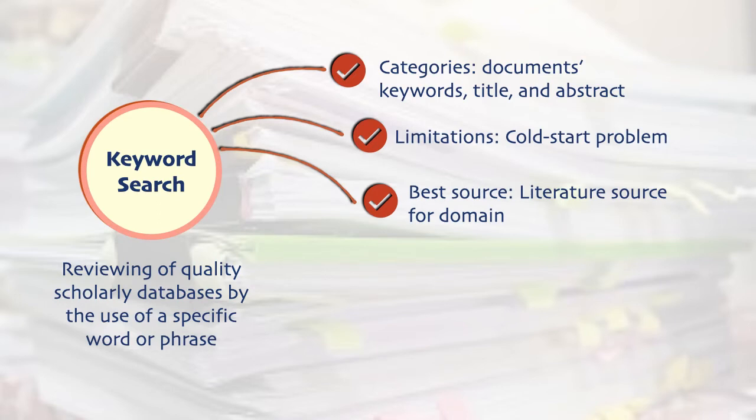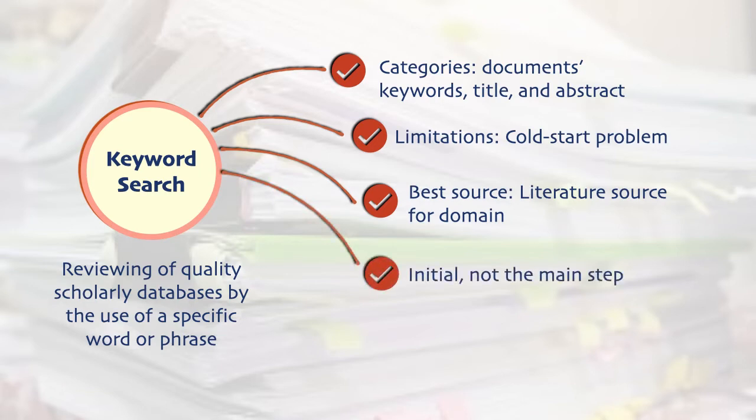Locating the first article can, however, be a considerable challenge, but keyword search offers the novice researcher a workable starting point. The keyword search should be just the initial, not the main step for a literature search.